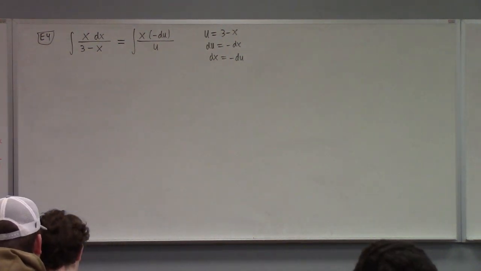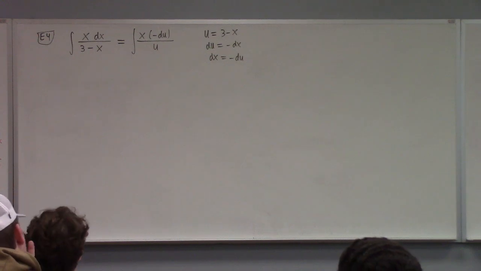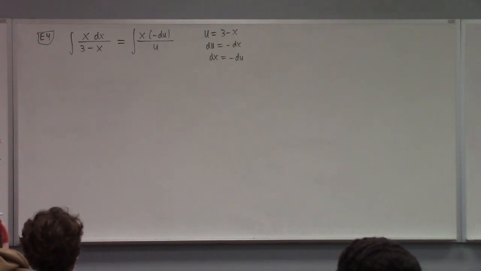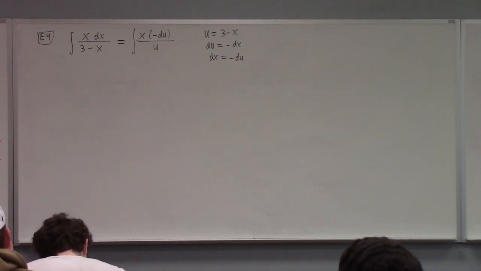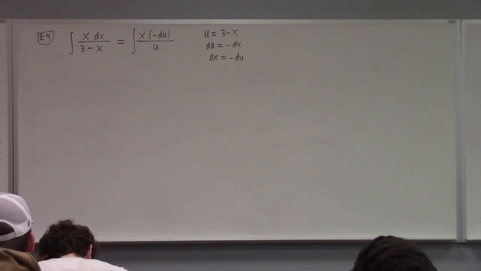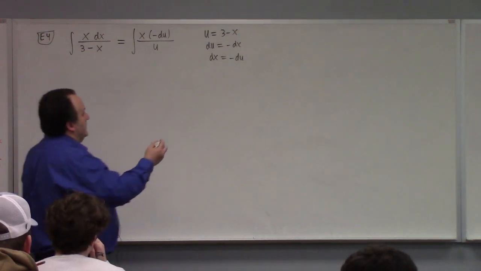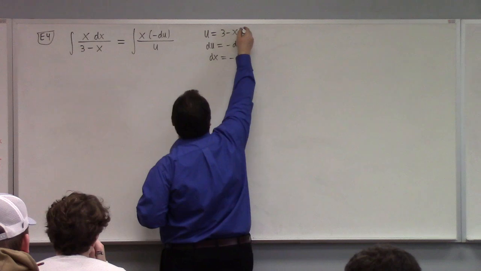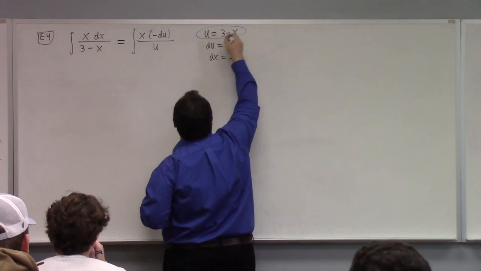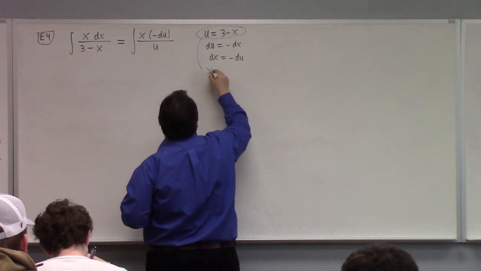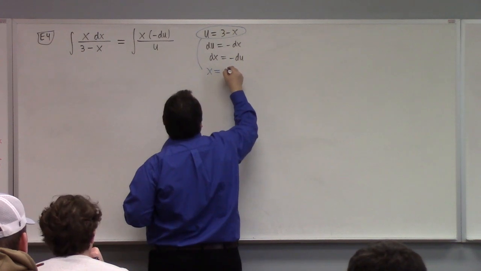And then what's the rub here? We can't just turn a blind eye to the x, right? We've got to deal with it. How do you deal with it? I think what you're telling me is to solve this for x. If I solve that for x, that gives me x equals 3 minus u.